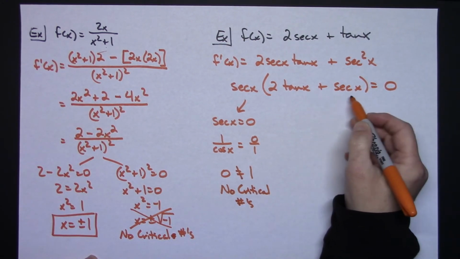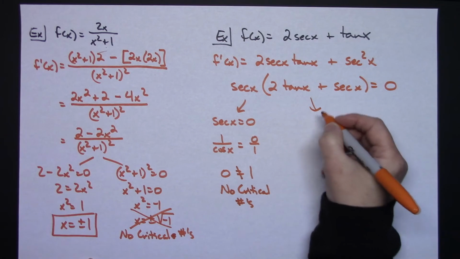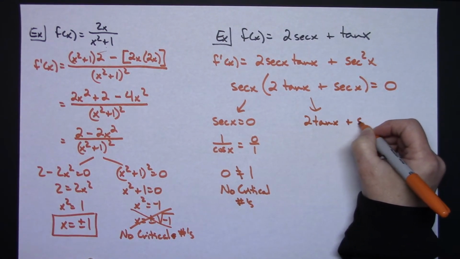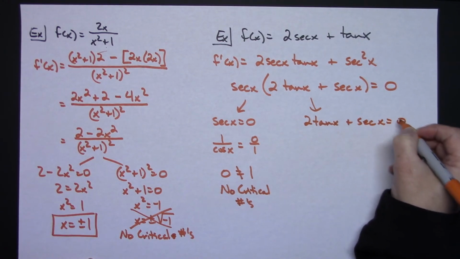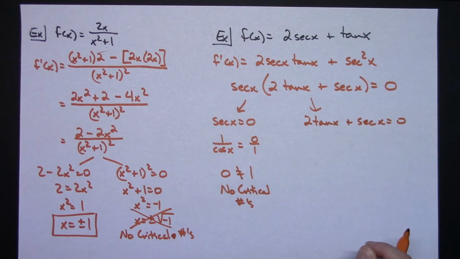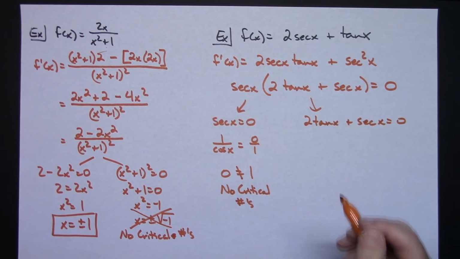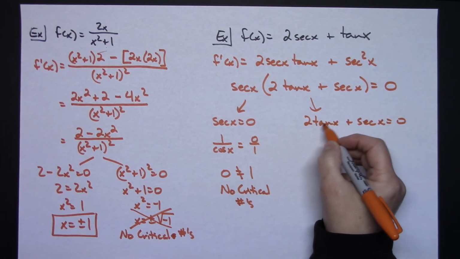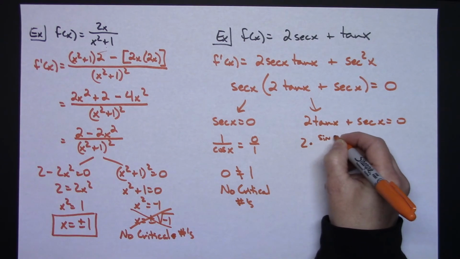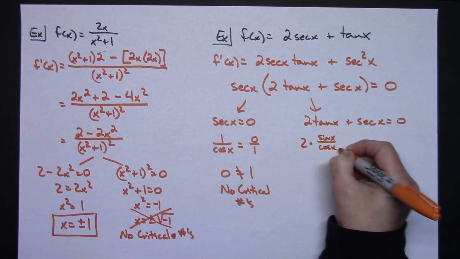Alright, and then taking this one and setting this equal to 0, this one will be a little more challenging to solve. You might want to grab a calculator. You could put this into y1, you could put this into y2, and then you could look to see where they intersect and solve it that way. Okay, but you can also do this by hand. Alright, if I do a substitution on tangent, I would have 2 times sine x over cosine x.